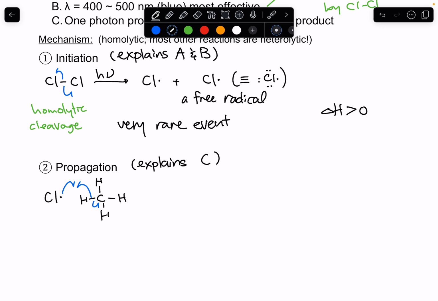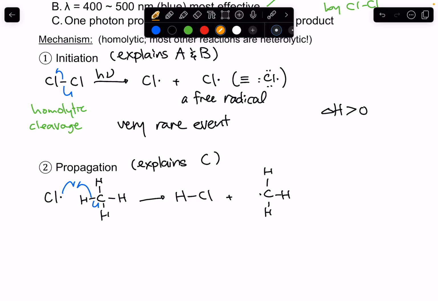And then if it does, hope it makes sense that these arrows are showing two electrons are involved to make the HCl bond, while this is a homolysis, so one electron goes to the carbon. So you end up with this methyl radical.